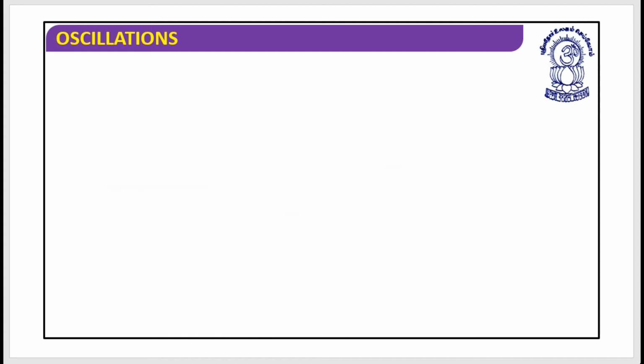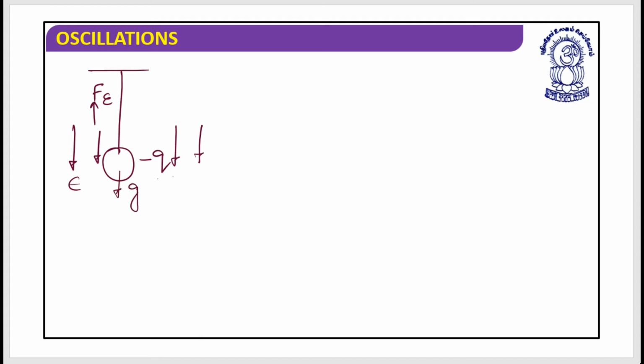Great. Now let's suppose the situation is reversed. This is the pendulum again, but now the charge is minus q, and the electric field is in the same direction as in the previous slide. It's an electric field E. In this case, as the charge is negative, the force due to the electric field will act in the upward direction, and g will definitely act in the downward direction. So the net force will be mg minus qE, whereas previously it was mg plus qE.